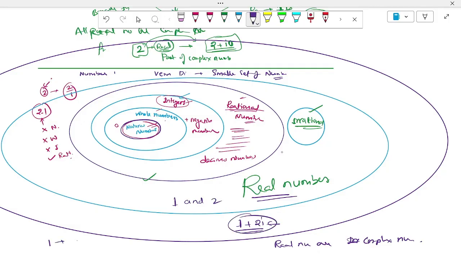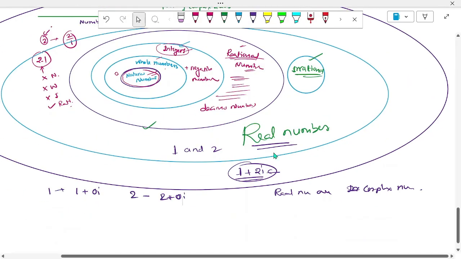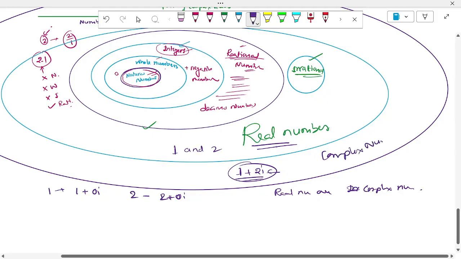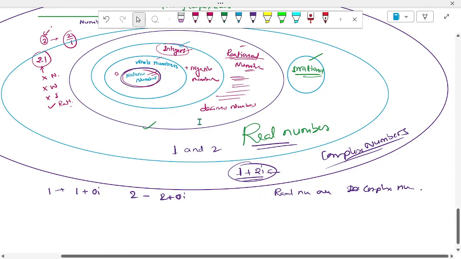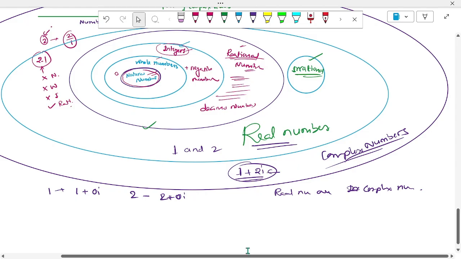You can write 1 as 1 plus 0i. You can write 2 as 2 plus 0i. So all real numbers are complex numbers. You got it? So this is all your number systems. You should understand this very clearly. Yes, complex. That is correct. This diagram is very important. You should understand.